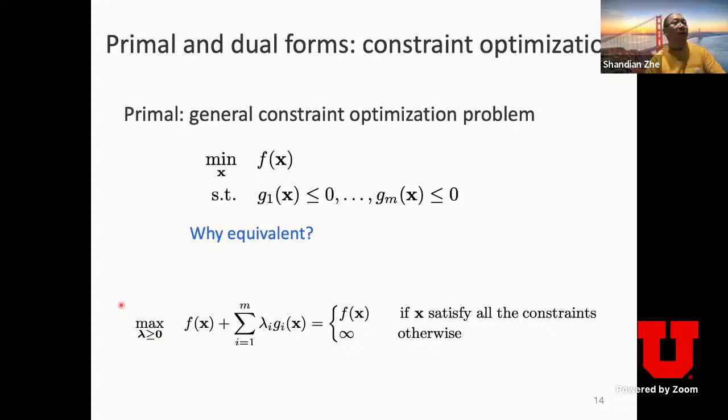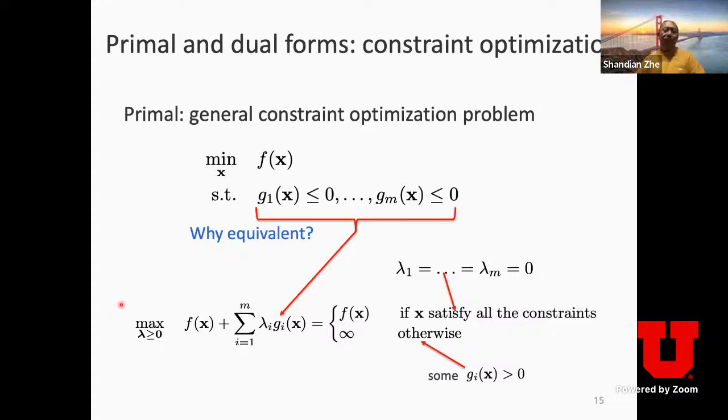So we actually have two cases. If x in the outer level, which is now fixed, has already satisfied all the constraints, meaning g1(x) less than or equal to 0, g2(x) less than or equal to 0, until gm(x) less than or equal to 0, then what's the maximum value of this Lagrange function with respect to lambda?